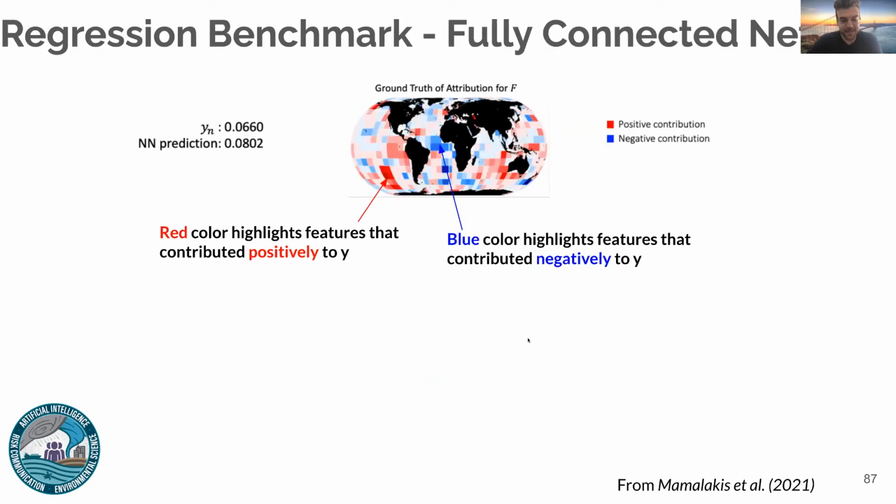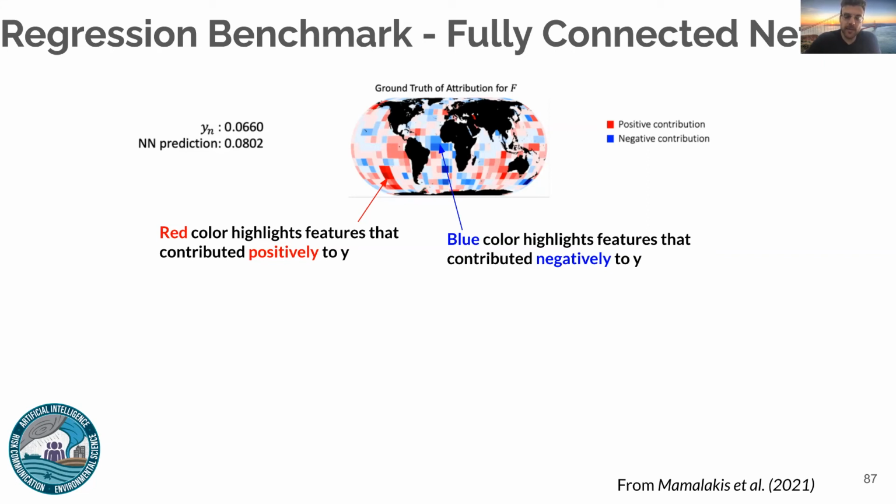This is the example that we were asking questions about in the first break of this session. I hope it's clear to everyone that because we know this function f, the nonlinear function that we use to generate the output, we know which features contributed and in what way to this value of y that we care about.